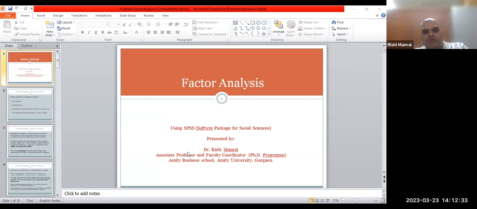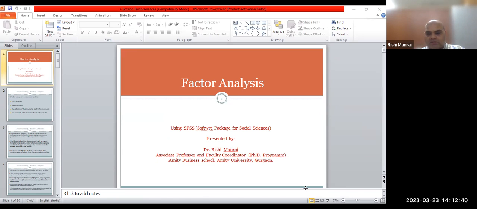On this third day of the 5-day FDP on advanced research methodology, today we will be discussing the critical topic of factor analysis, and this will be done using the tool called SPSS.